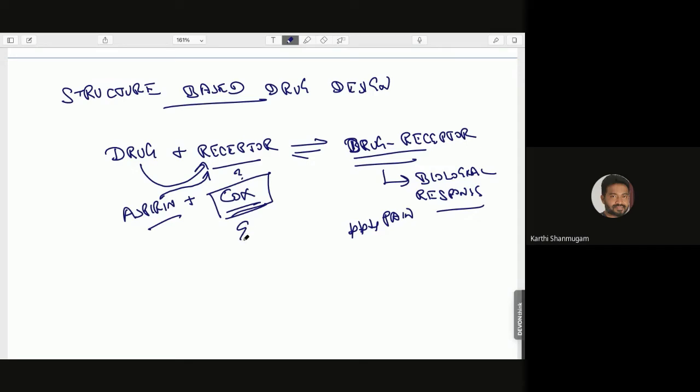So once you know the 3D structure of the cyclooxygenase, say this is the 3D structure of the cyclooxygenase, and once you design the drug molecule based on the 3D structure of cyclooxygenase, or based on the structure of the receptor or the protein, then that approach is what is called structure based drug design.